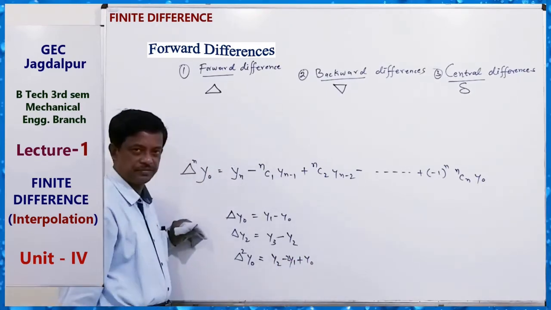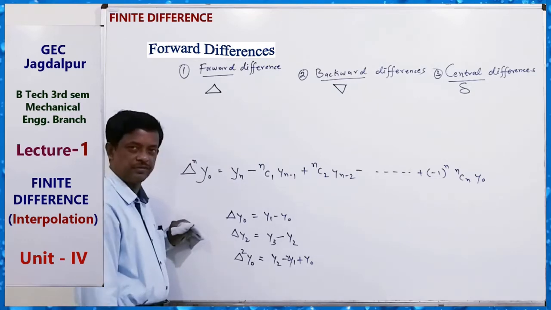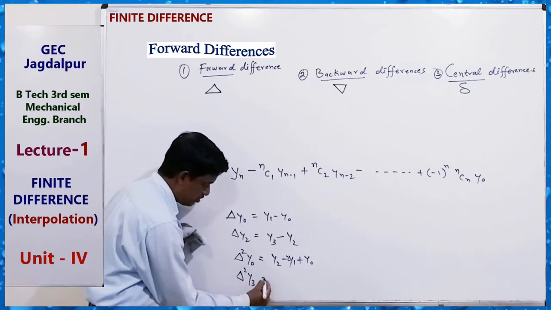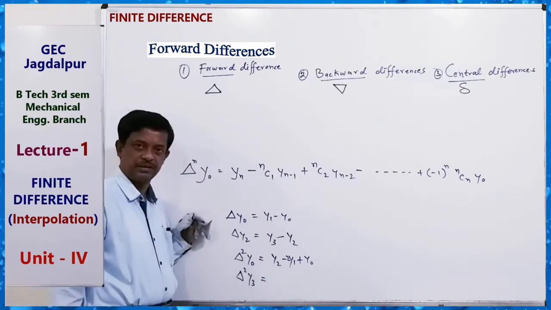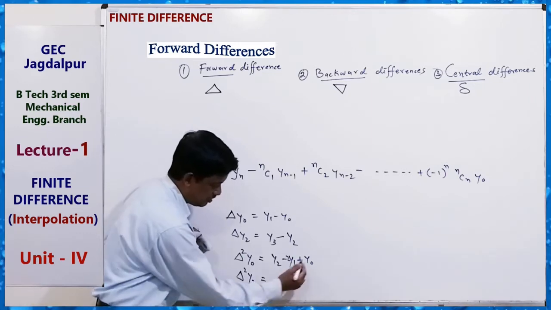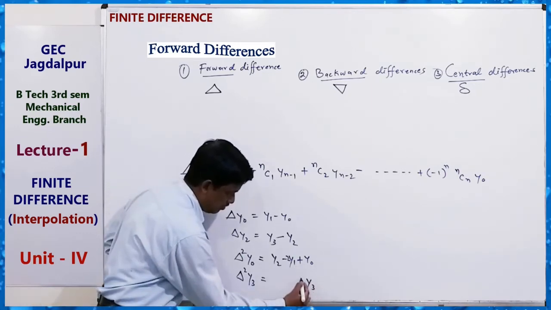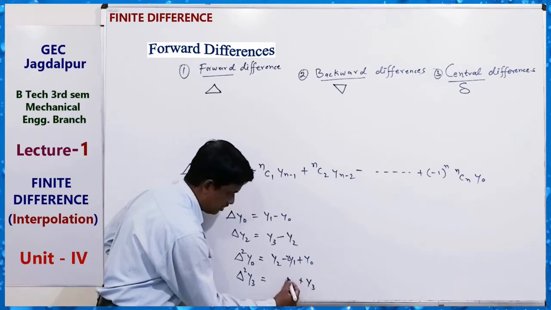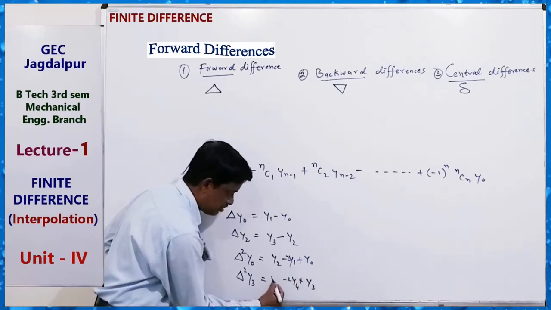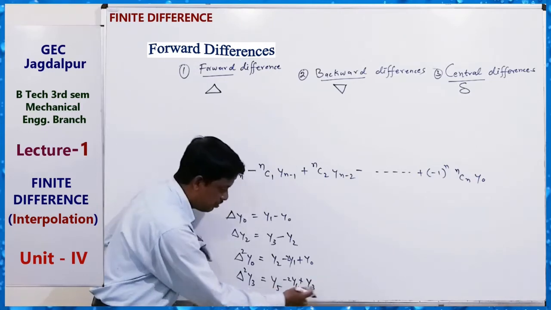So if we want to write the second order difference at argument 3, it will start from 3: y3 minus 2 y4 plus y5, that is 3, 4, 5.